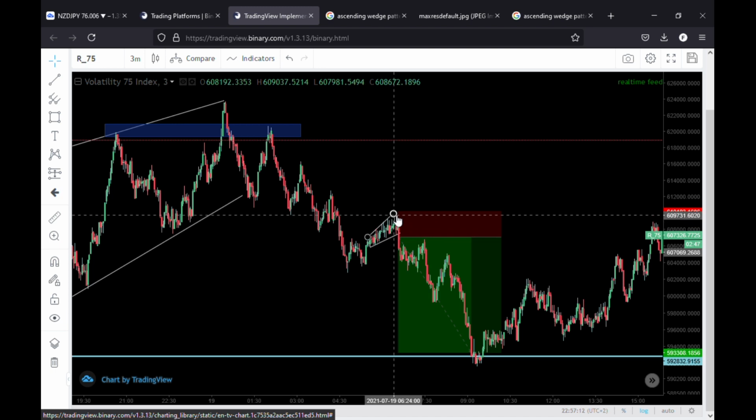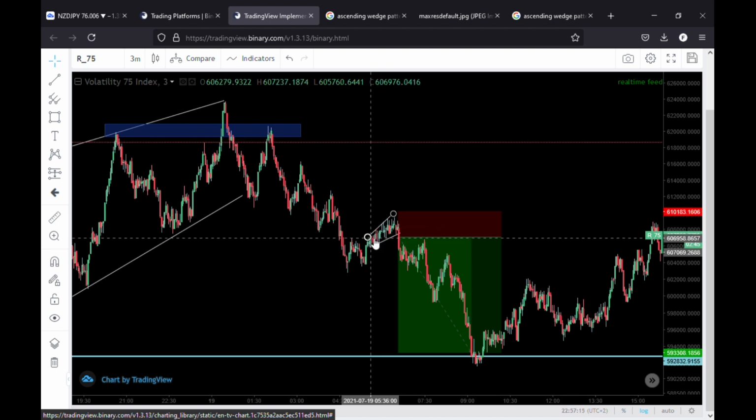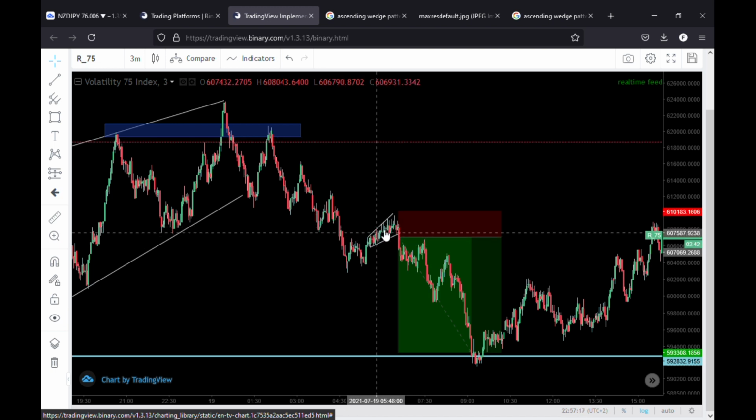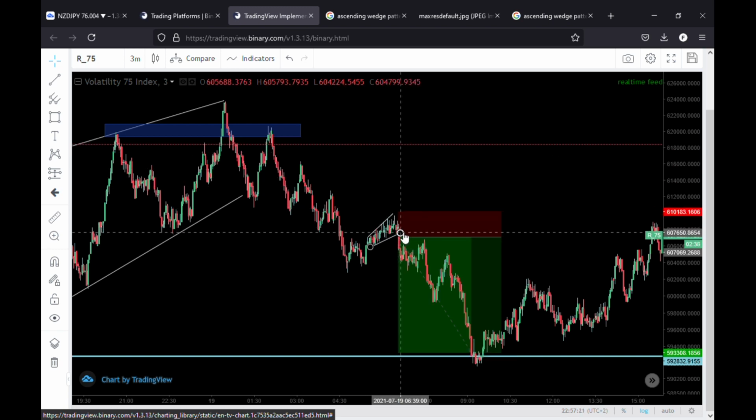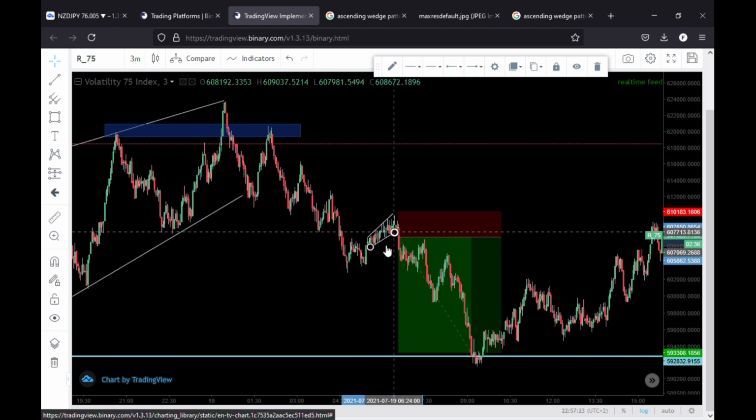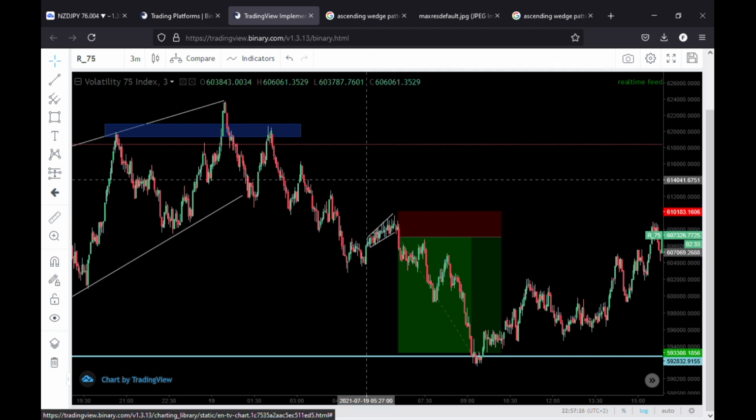going up. This means that bulls are winning for now, but they are really out of strength. So this is the market telling you that anytime from now I can go down because buyers are out of strength.